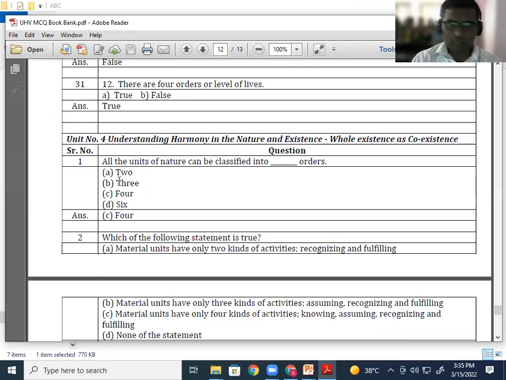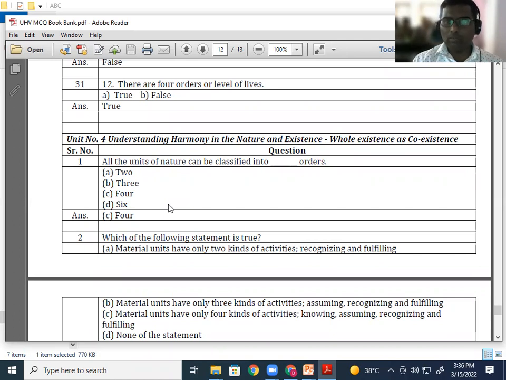Try to read it. The first MCQ: all the units of nature can be classified into 4 orders. What are these 4 orders? First is the physical order. Second one is the bio order.